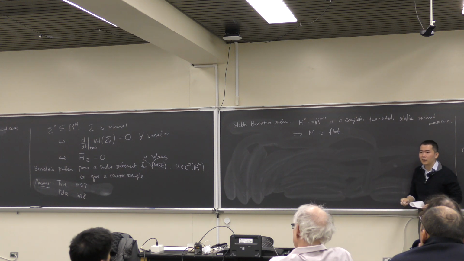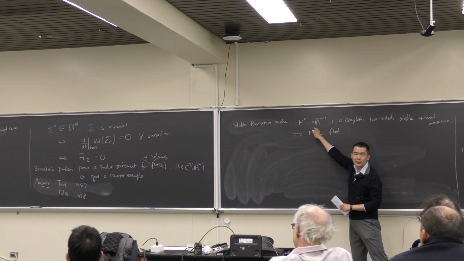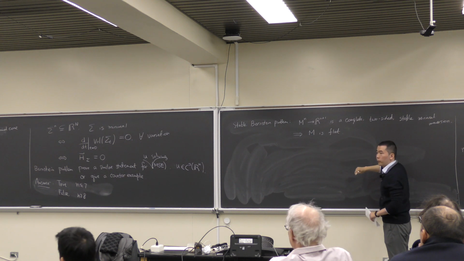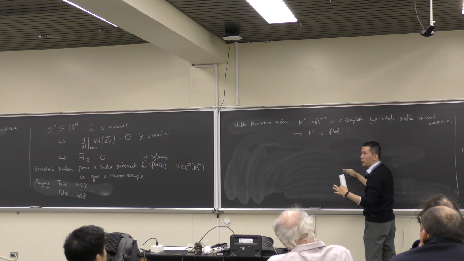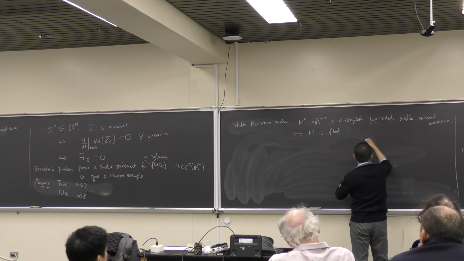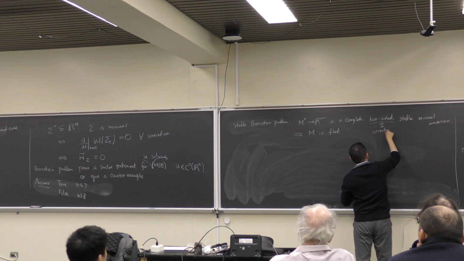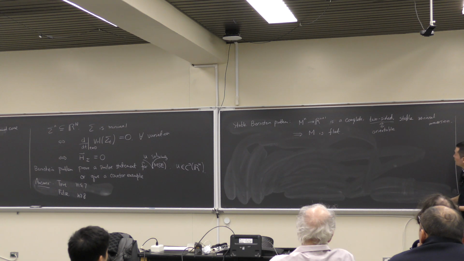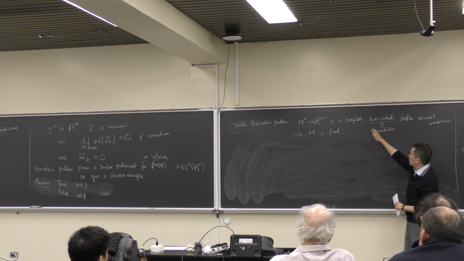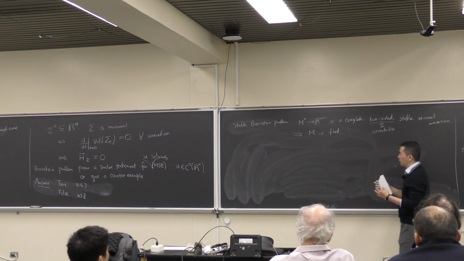So all these assumptions are naturally satisfied if M is a graph. You ask about two-sided? Yes, two-sided here means that there exists a globally well-defined unit normal. So in this case, it's equivalent to orientability. Again, all these assumptions are automatic for a minimal graph.